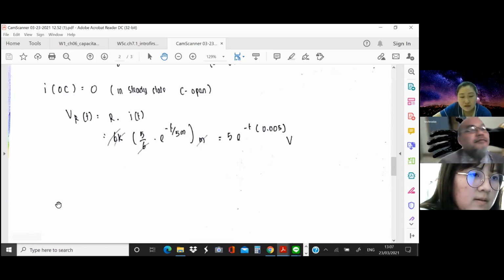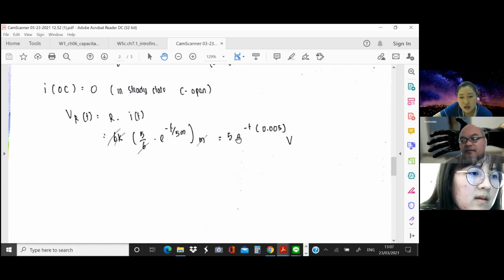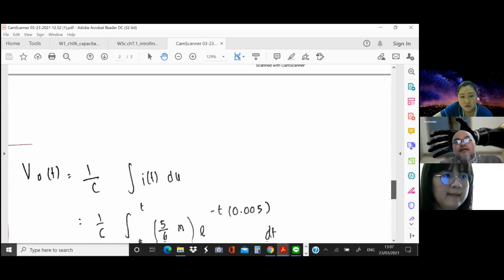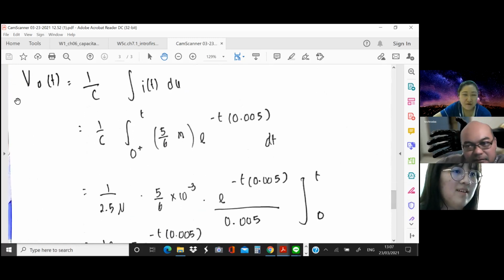We eliminate the milli, 6 and 6, and we get that V is 5e to the power of minus t over 0.005, because of the 5 milli. Not yet finished.